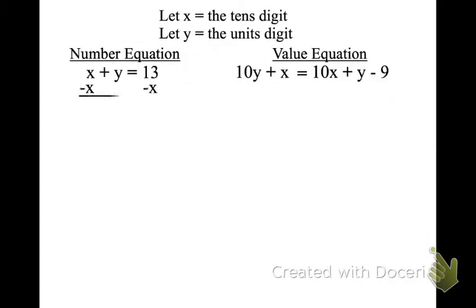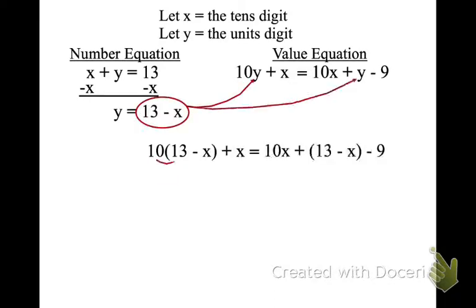Okay, so I'm going to substitute. Let's substitute in for y. I have to distribute. I'm going to combine my like terms. 10x minus x is 9x. 13 and negative 9 is 4.